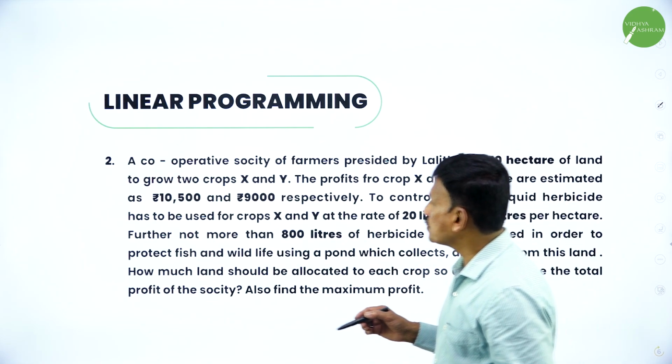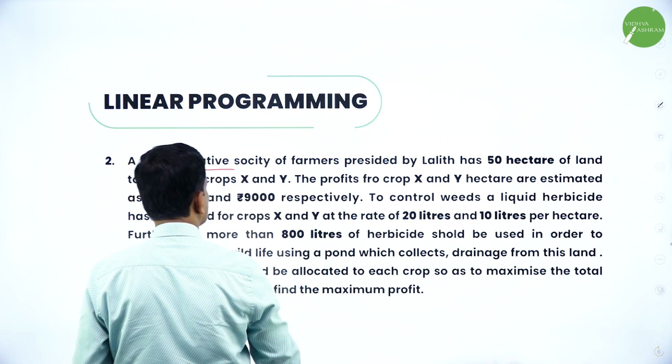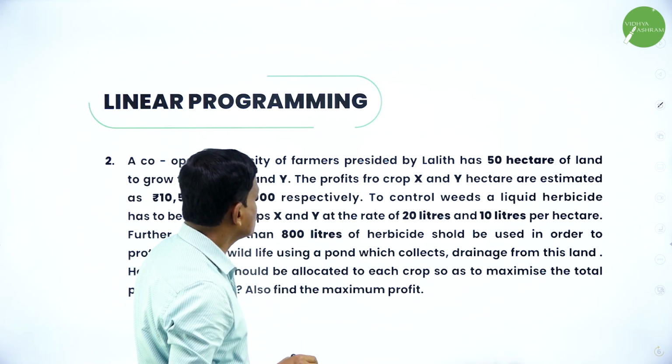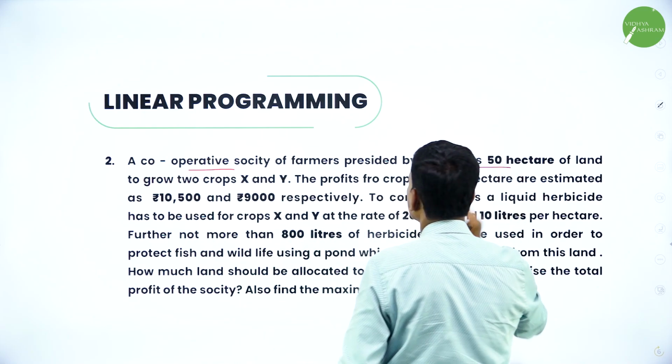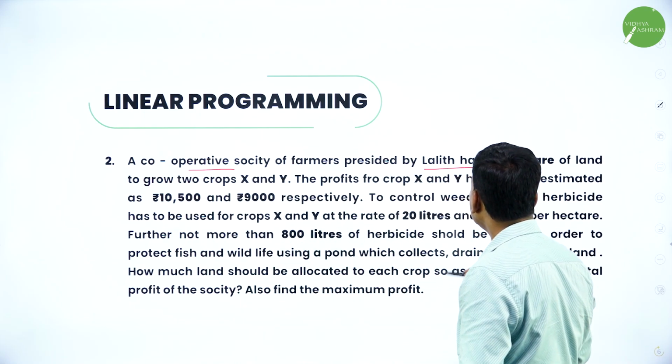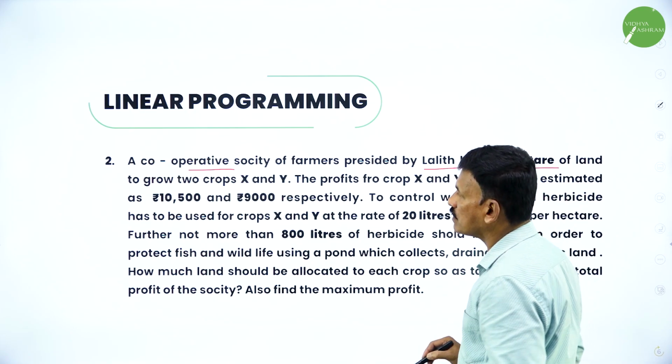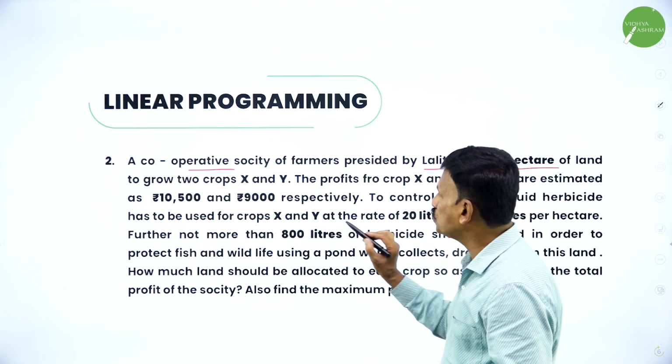A cooperative society of farmers presided by Lalit has 50 acres of land to grow 2 crops.